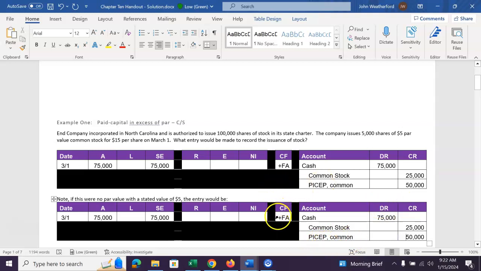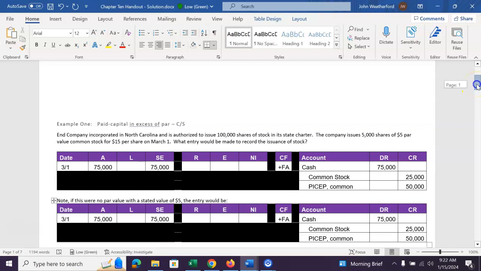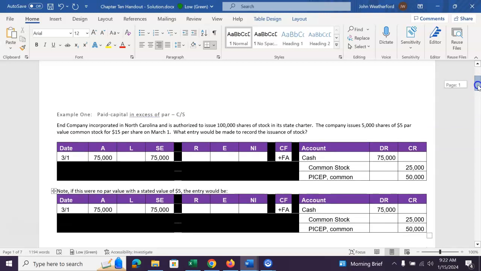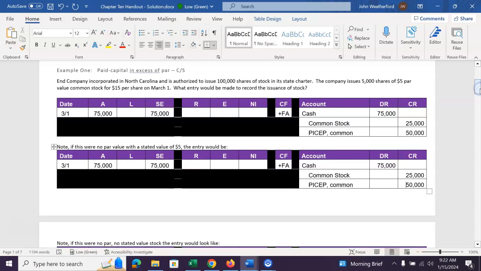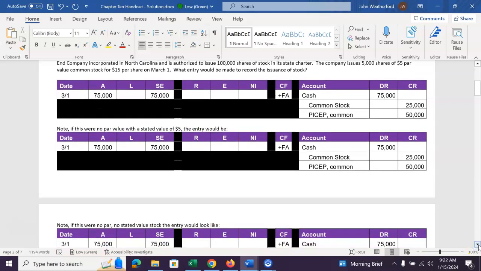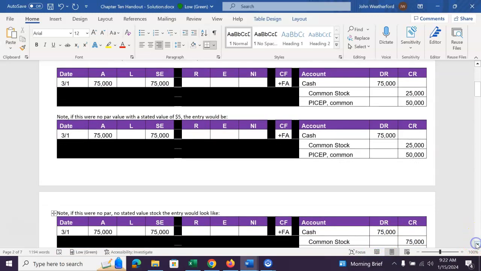And again, that's a financing activity. Assets increased and stockholders' equity in the two accounts increased by the same amount. Now, a third situation in issuing stock that could arise is if the stock had no par listed in the charter, no stated value assigned in the charter, then we would just debit cash for the amount received, $75,000, and credit the common stock for $75,000.